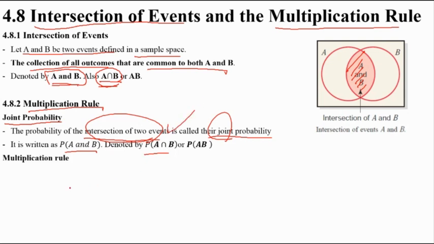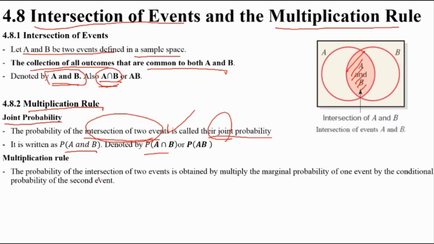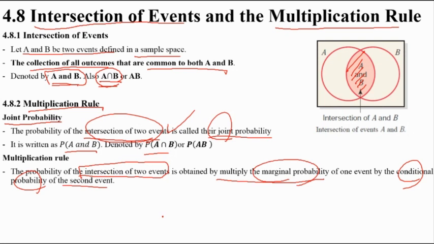Okay, multiplication rule. The probability of the intersection of two events is obtained by multiplying the marginal probability of the first event by the conditional probability of the second event. So first one, marginal probability, times this conditional probability, two things. So the probability of the intersection of two events A and B is P(A) times P(B given A).